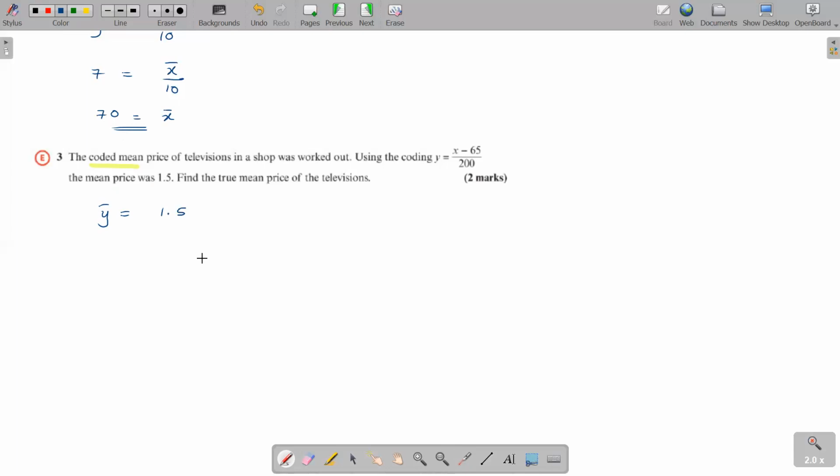So how do you find the true mean? True mean means to find x bar. So what do you do here? Rewrite the equation. What do you get? Y bar equal x bar minus 65 over 200. Y bar is 1.5 equals x bar minus 65 over 200. So 1.5 times 200 equals x bar minus 65.